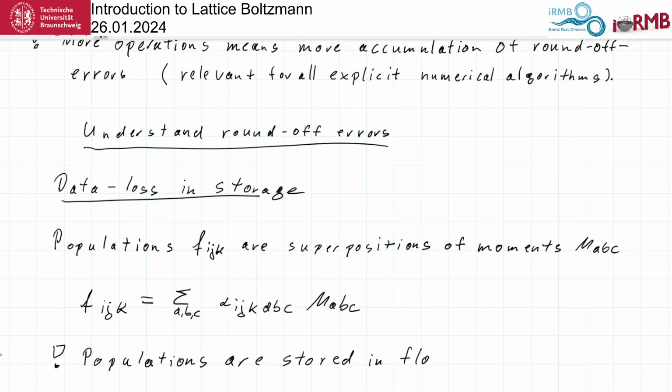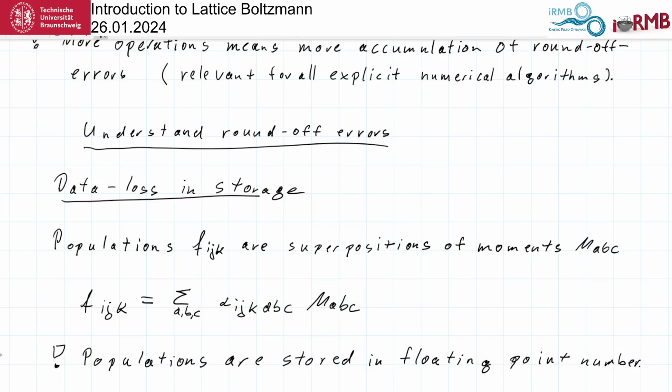And we often do this in double precision floating point numbers, but not always. For example, double precision floating point numbers are expensive, and in particular, if we work on, so to say, modern hardware like GPUs.